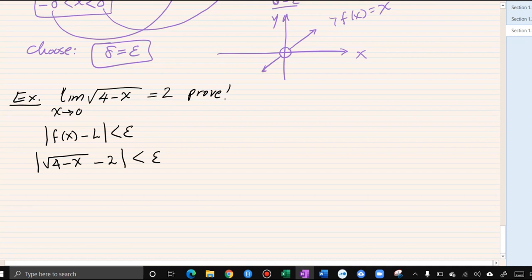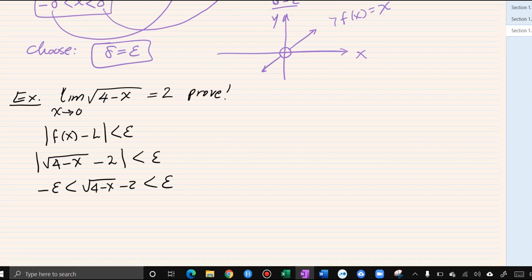Okay, so what are we going to do next? Well, I'm going to rewrite this using our algebraic step. Remember, that's just rewriting the absolute value statements. So I'm going to write this as negative epsilon less than square root of 4 minus x minus 2 less than epsilon. That's the algebraic step. Get it out of the absolute value. And what are we going to do?